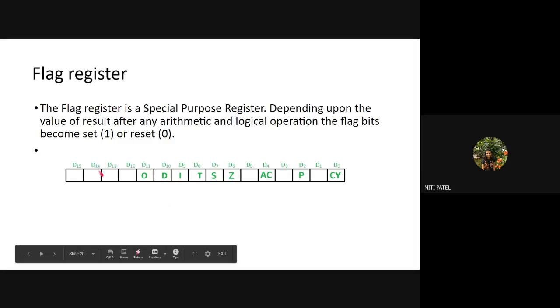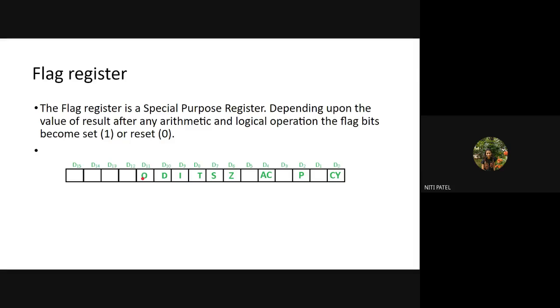This O bit, D11, is set to 1. Why? Because overflow has occurred in the result. So whenever overflow has occurred in the result, this bit will be set to 1. And if there is no overflow, everything is normal, 16-bit addition has given me a 16-bit result, then this bit will be set to 0. Okay, that is what overflow is.